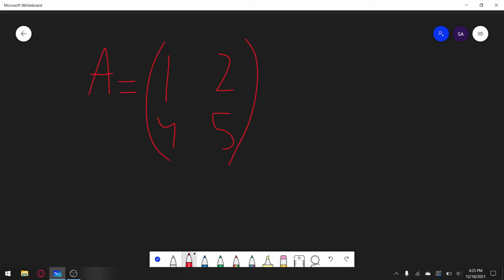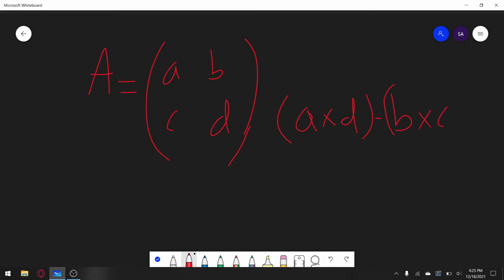Actually, let's replace all of these with alphabets: A, B, C, D. To find the determinant, you would simply do A into D minus B into C. You multiply the diagonals with a minus in the middle, and that's how you find the determinant of a matrix.